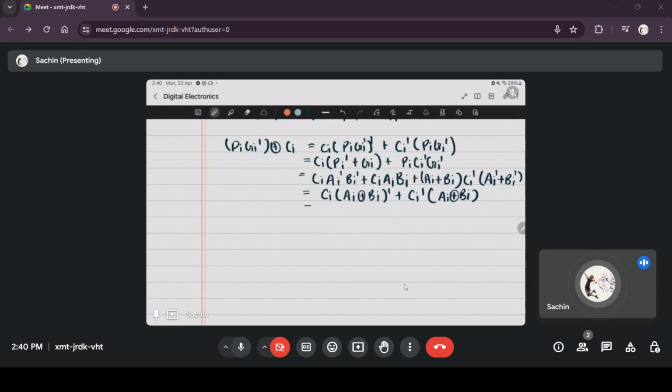So this in turn is Ci XOR Ai XOR Bi, which is simply Si. So if we define Pi and Gi as in this question, then we can get Si by taking the complement of Gi, ANDing it with Pi, and taking the XOR of the result with Ci.